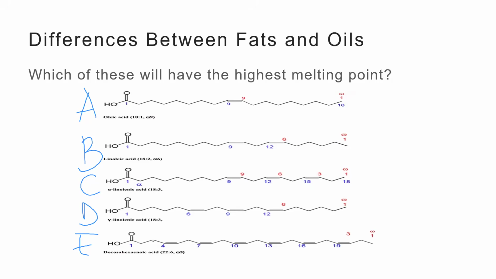I think it's A. You think it is A. Tell us why you think it is A. It has only one double bond. Okay, and that means its level of unsaturation is the lowest. Or we can even say it is the most saturated of them all, isn't it? Okay, I think that is correct.